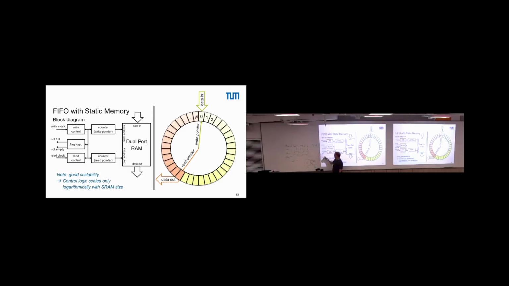So I can reach a state where the FIFO is full, and I have to wait here with the fast clock before I can send further data, because this is just slower. I can also construct it the other way around, that my write clock is slower than the read clock. Then I always run to empty. I will never be full, but I always run to empty. Okay?